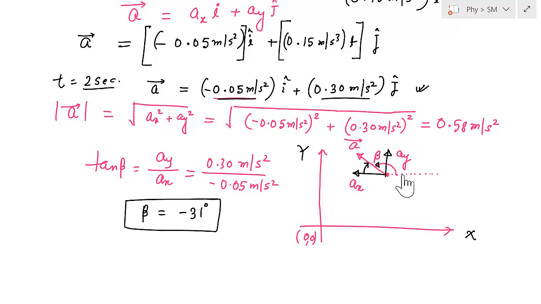So this angle is 180 minus 31, which is 149 degree. So from the positive direction of the x-axis, the resultant acceleration vector is making an angle of 149 degree, and the magnitude of that acceleration is 0.58 meter per second square.